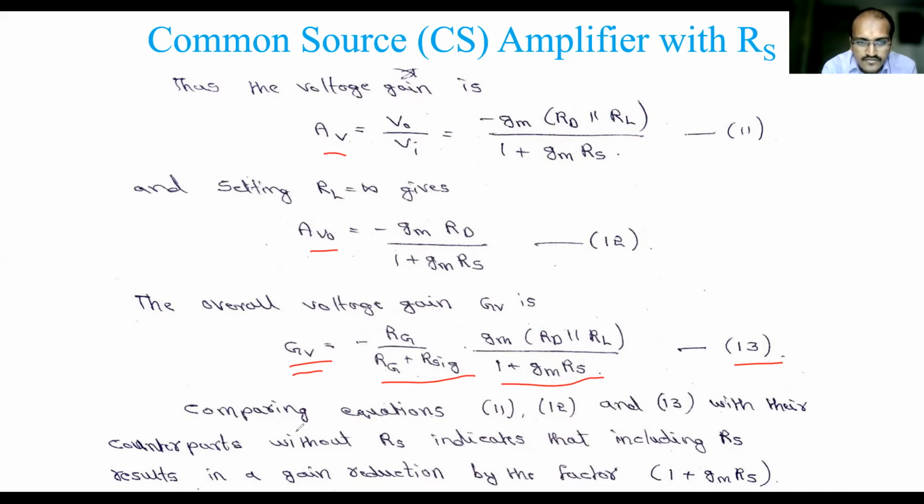So including RS results in a gain reduction by the factor 1 plus GM RS. If you have written down the notes, just look at the equations, the same AV, AVO and GV. That is the difference we have pointed out. So this is the analysis of the common source amplifier with source resistance.